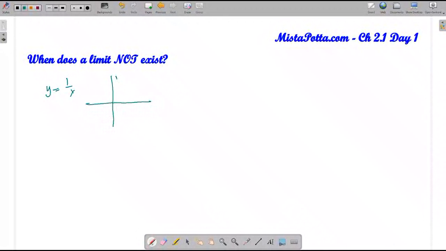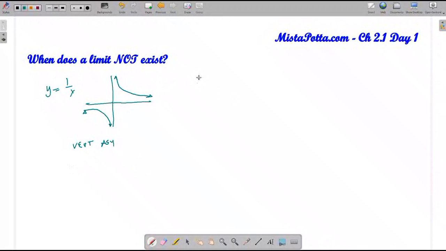And I notice that anytime I have a vertical asymptote, this definitely is not going to be some hole that could be filled later. So vertical asymptotes are definitely a situation where a limit will not exist.